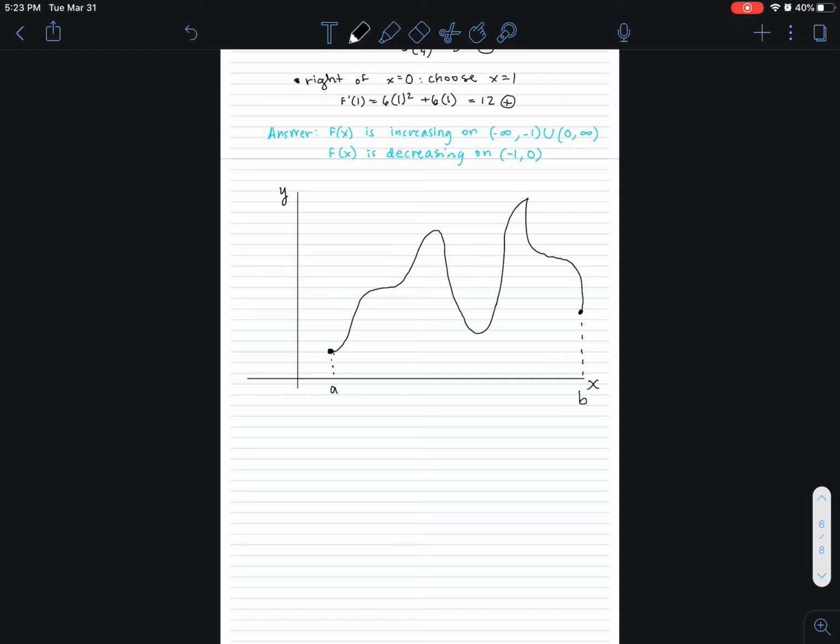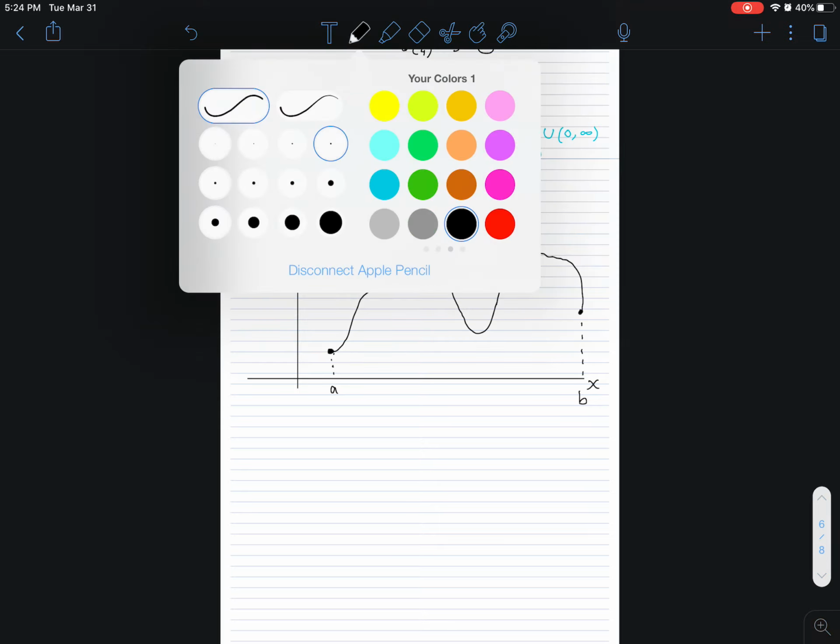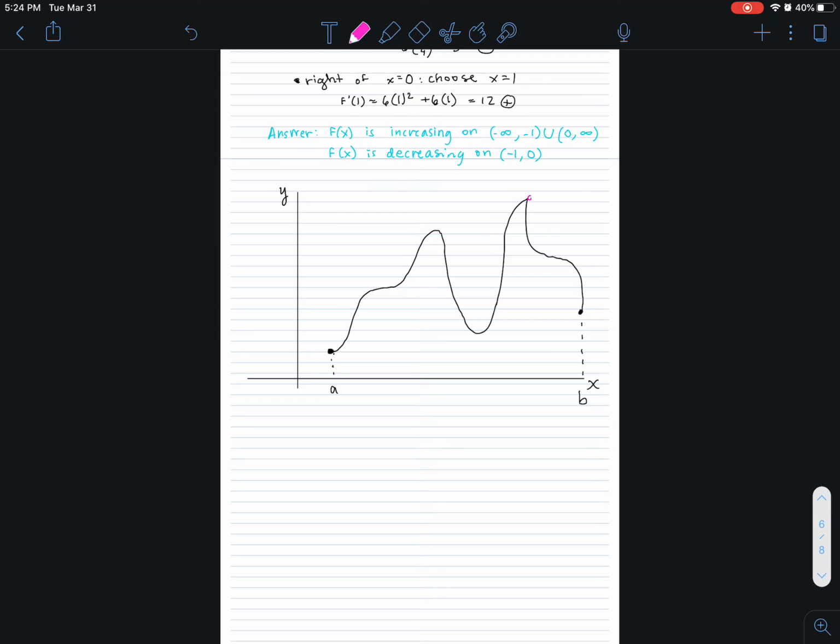And I'm just going to draw some slopes and label some points. So first of all, let's talk about maximums and minimums. This is our absolute maximum. This is our absolute minimum.